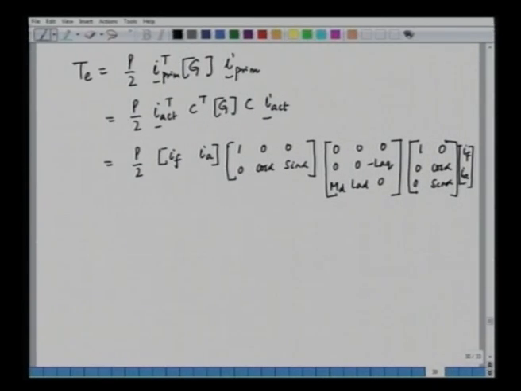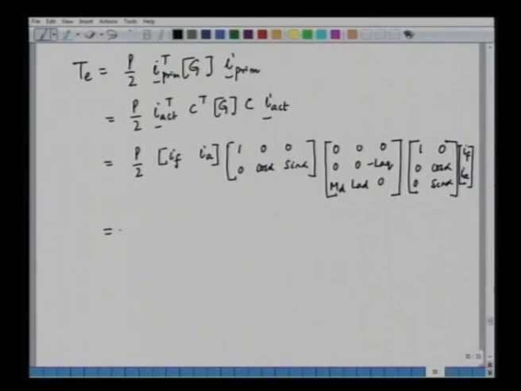So, if we simplify this equation, we will get the equation for the torque in the actual variable, because actual variables are IF and IA, the field current and the armature current respectively. So, we can simplify this.